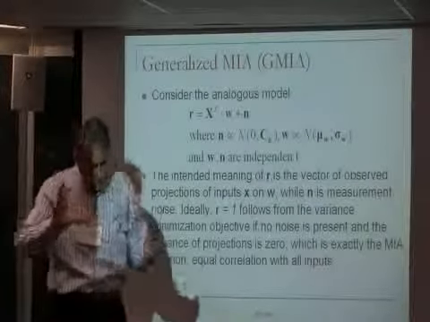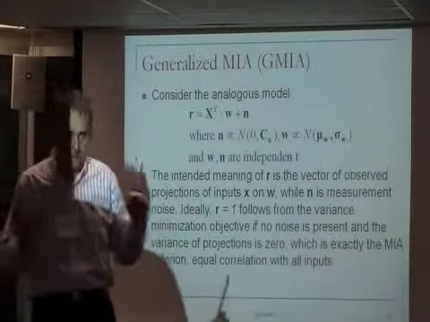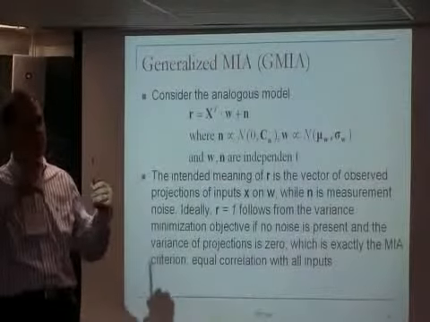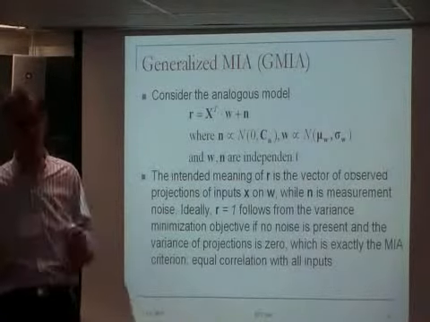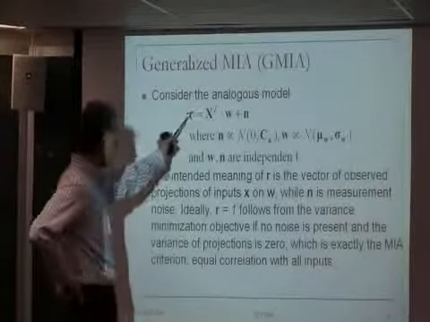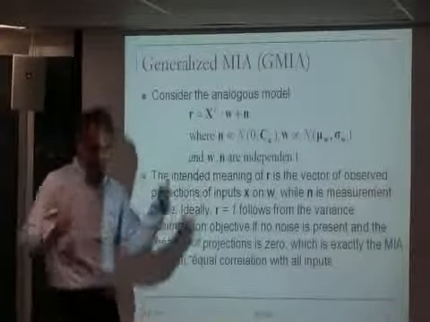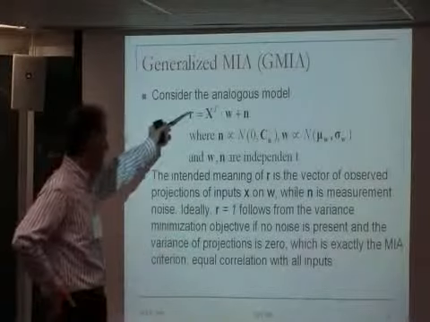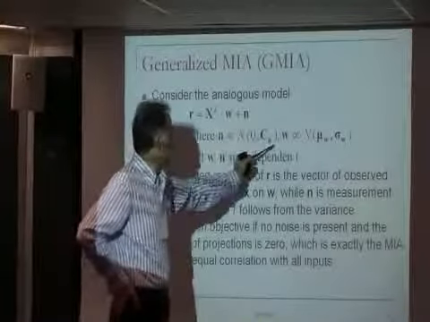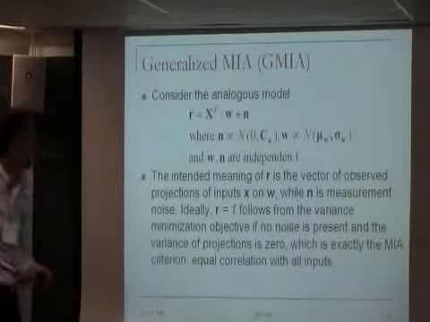All right, let's twist our model a little bit, in a direction where we would like to have equal correlation between these summarized features and all the observations. So take R equals x transpose times W plus N, a fine change there. We could assume N to be some measurement noise, and W has some distribution, some priors.